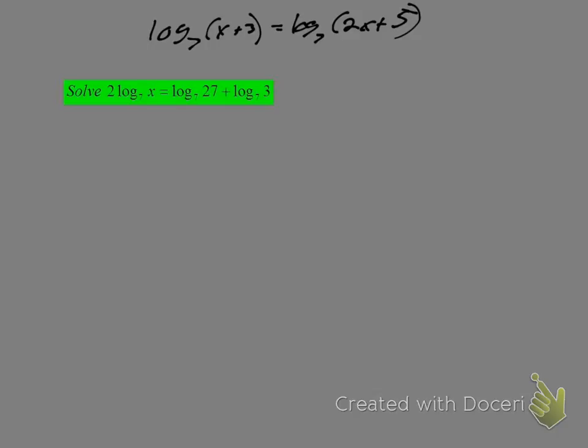Remember this? Logs on both sides of the equation, same bases. You cancel out the logs and set the quantities equal to one another. That property in 7.4 that we skipped over real quick only works if it's one log on each side and there's nothing in front of it.